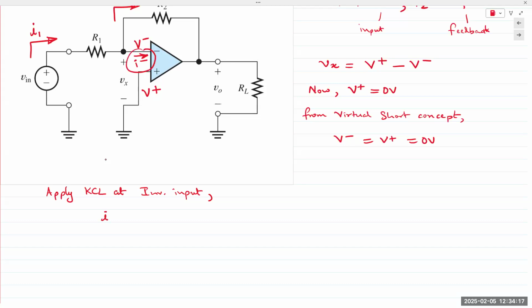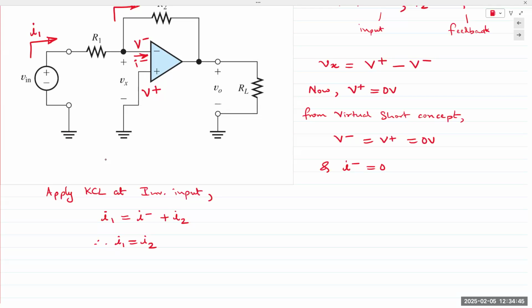I minus would be equal to 0, right? If I minus is 0, KCL is I1 is I minus plus I2. And therefore, I1 is equal to I2. All of that current is flowing through the feedback resistor.